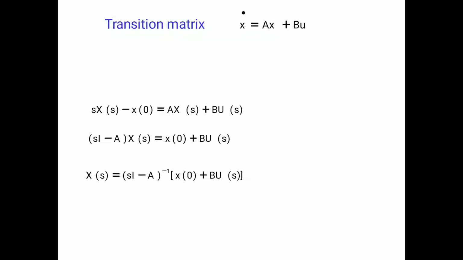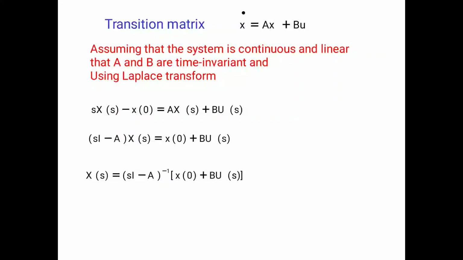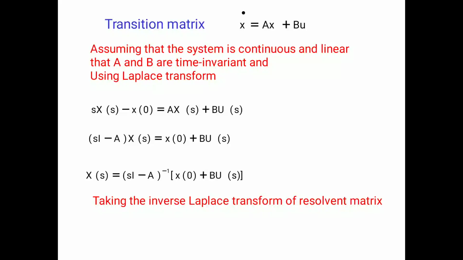Next concept is the state transition matrix for the state space analysis. Assuming that the system is continuous and linear, that the matrices A and B are both time invariant, and using the Laplace transform for the equation, we can get a transfer function for the state space analysis.